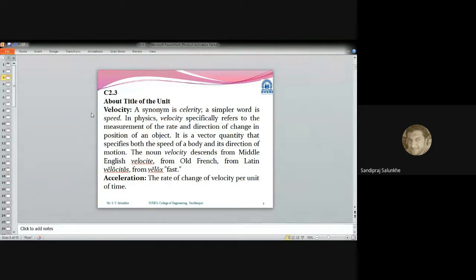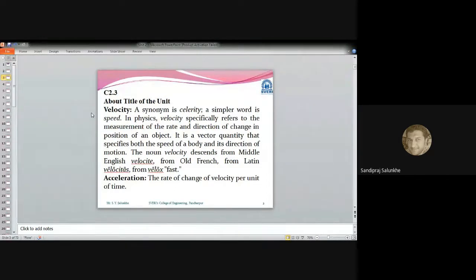That is, we say how fast the bike is, or with what speed. Normally we use the word speed for velocity. So if speed is 60 kilometer per hour, it means velocity is 60 kilometer per hour, because you have calculated the rate of displacement with respect to time. So it is called velocity.